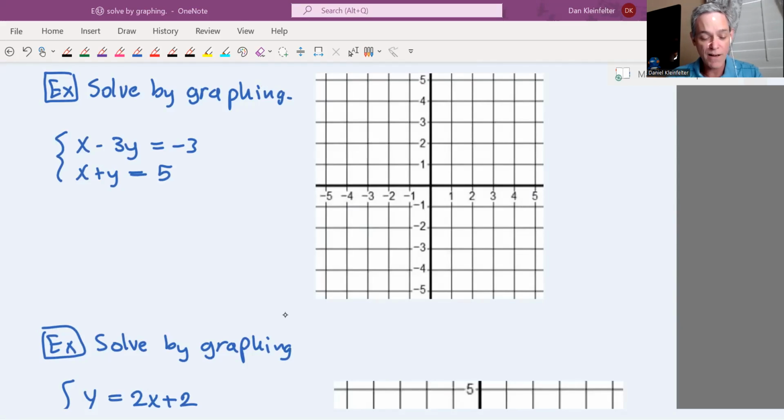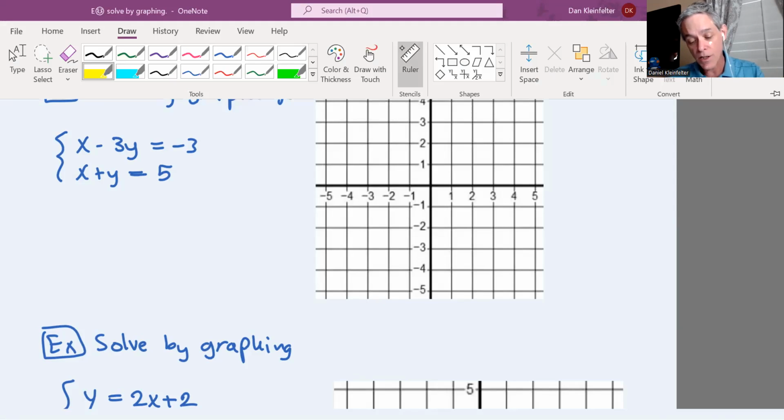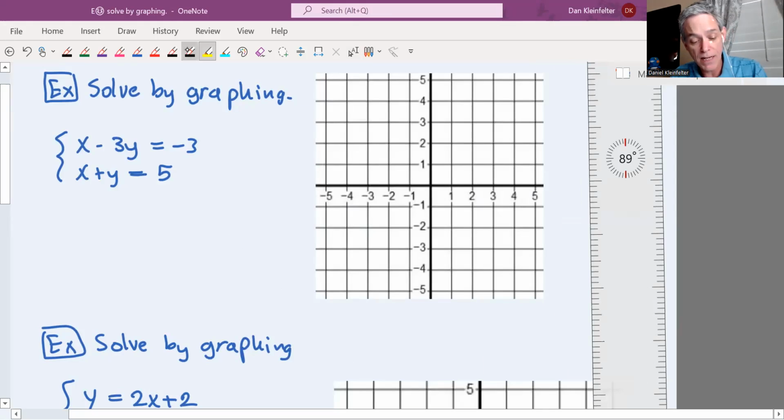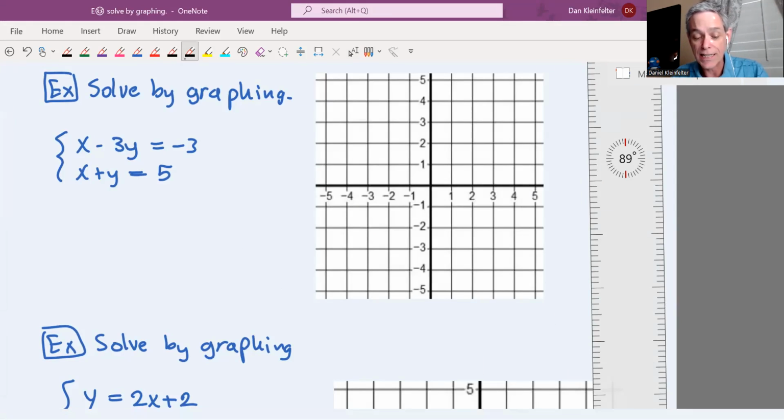So here we have x minus 3y is negative 3 and x plus y equals 5. Here our two equations are in general form, so it makes sense for me to try to use the intercepts to graph this. So the one on the left, if x is 0, it looks like y will be 1.